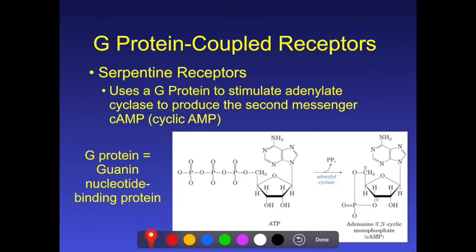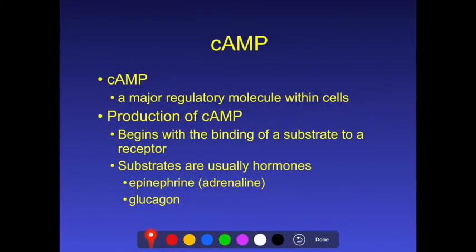And so when we do this, the receptor is going to upregulate the enzyme adenylate cyclase to create this second messenger, which will then go and upregulate eventually a protein kinase. Cyclic AMP is one of the major regulatory molecules, one of the major second messengers within the cell.